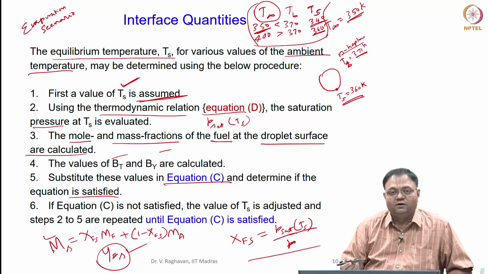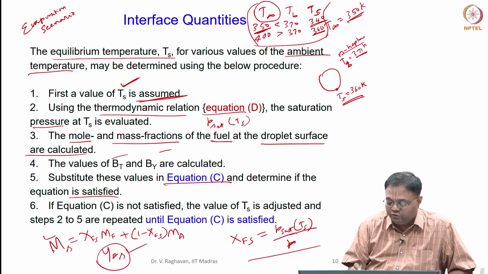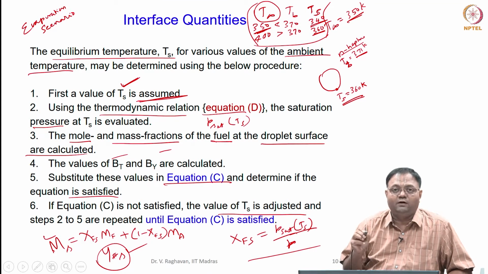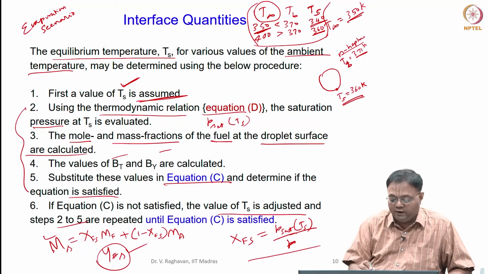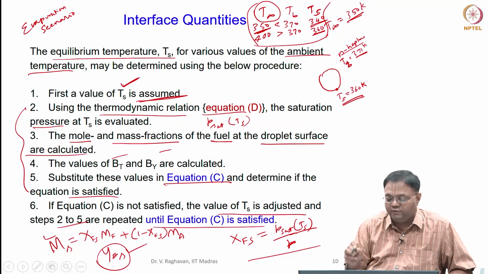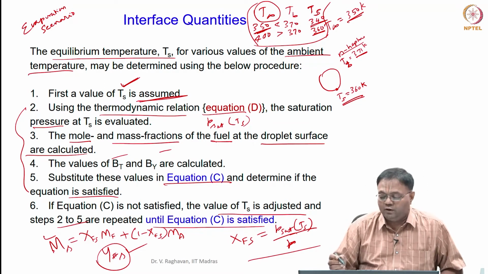If you don't get this, then your assumption of Ts is not correct. Now what you do is the Ts value is adjusted or iterated and steps 2 to 5 are repeated to get the convergence of equation C. That is, equation C will finally be satisfied.